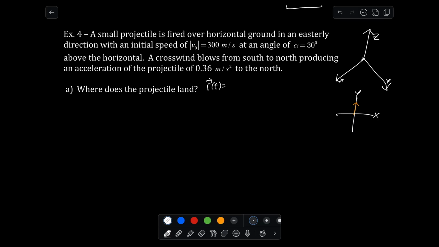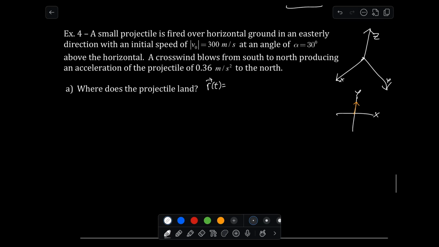So we know that that's going to be in our y direction. And then we have 300 meters per second at an angle of 30 degrees above the horizontal. So it's going east. So east is like this. So this is going to be 330. But then it's also going like this.